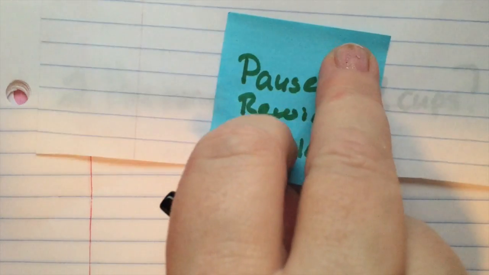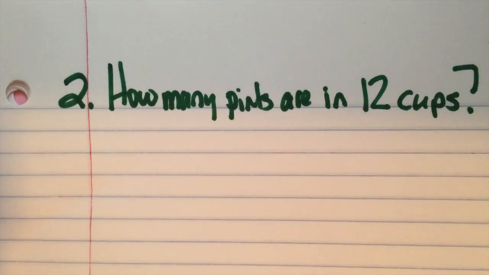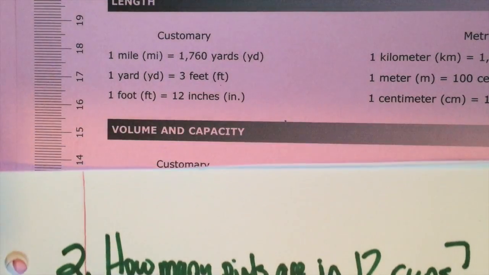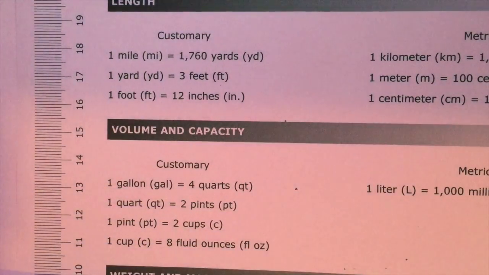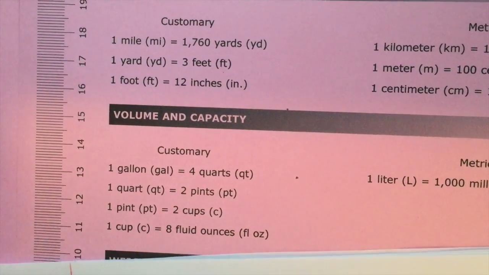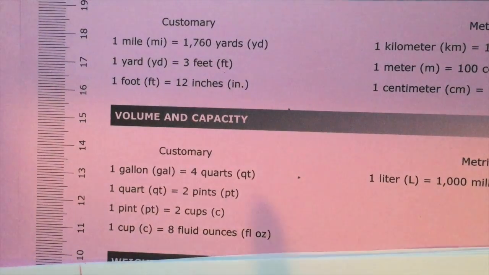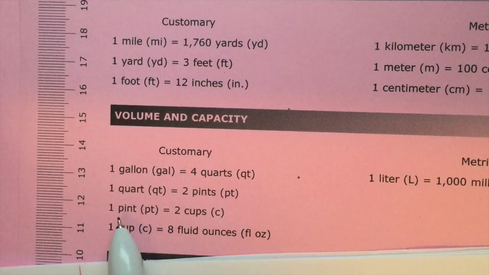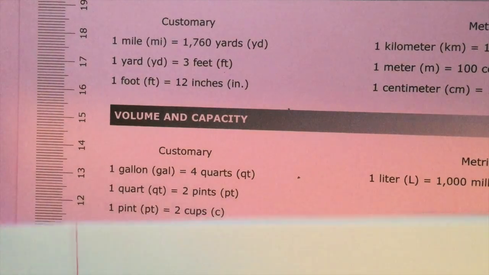Understand the problem. Example 2. How many pints are in 12 cups? Let's refer back to our reference materials and see if we can find the relationship between pints and cups. We will find this under the volume and capacity section, noticing that 1 pint is equal to 2 cups.